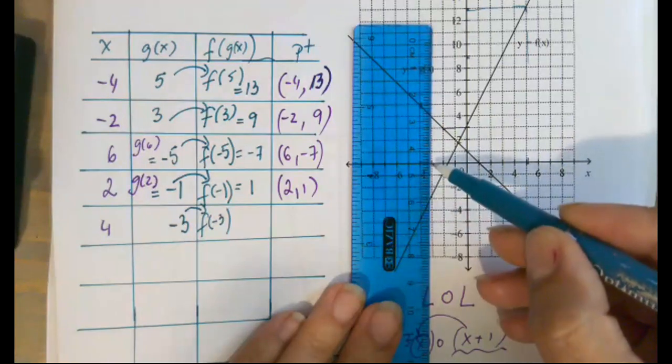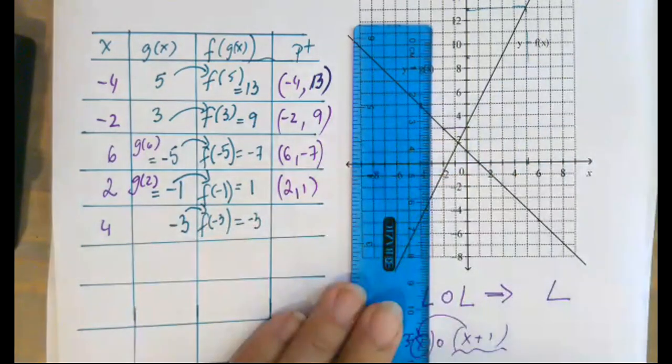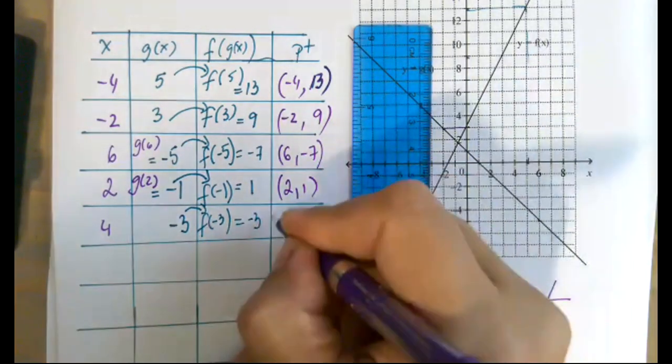Then f of -3 equals... Now you go to -3 and then you read the y. -3. So the point is 4, -3.